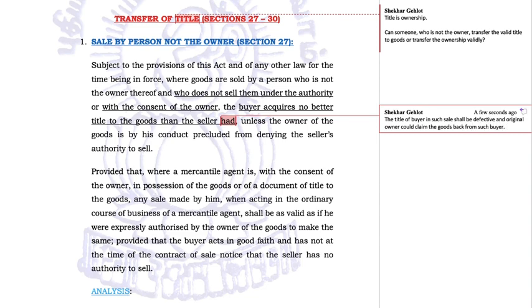The title of the buyer in such a sale shall be defective, and the original owner could claim the goods back from such buyer because he became owner without authority.